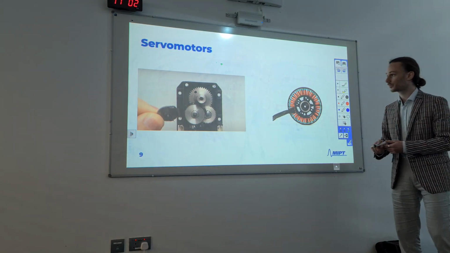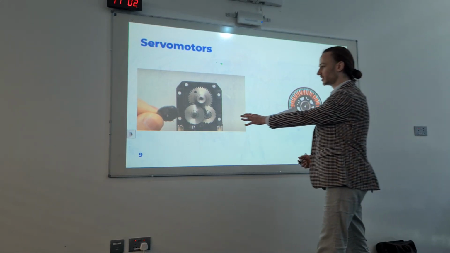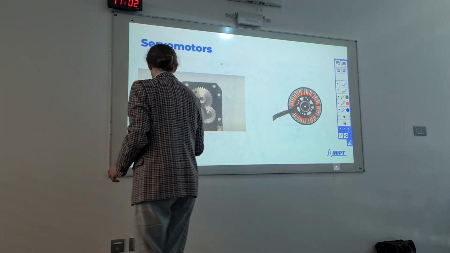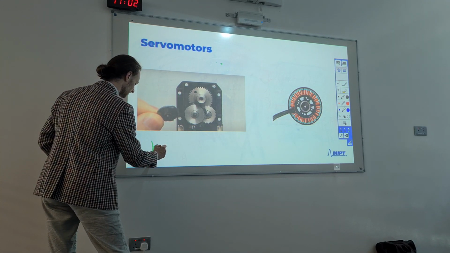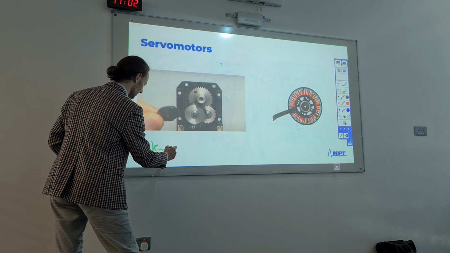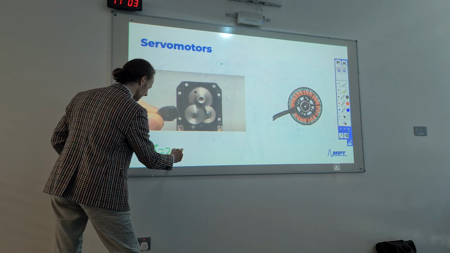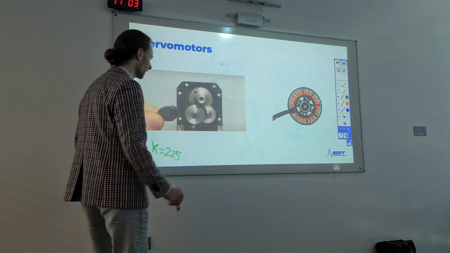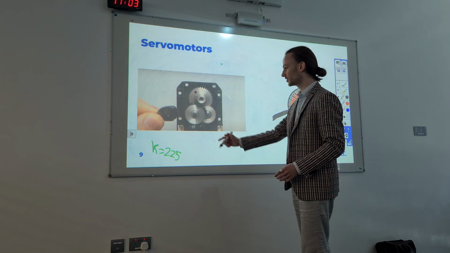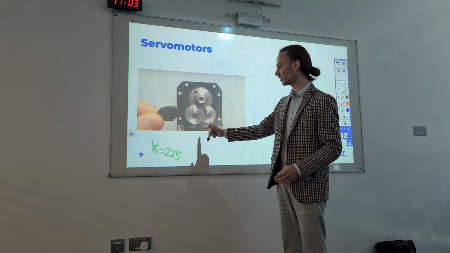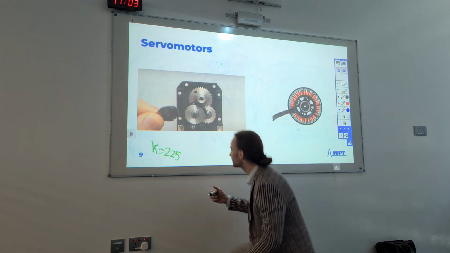There is a problem with such gear ratios. The gear ratio here is approximately, I believe, something like 225 or 220, and the energy that is conserved in the rotor is the following.